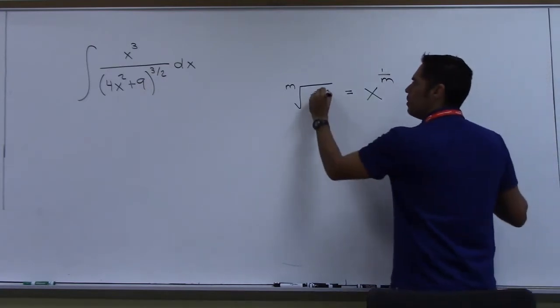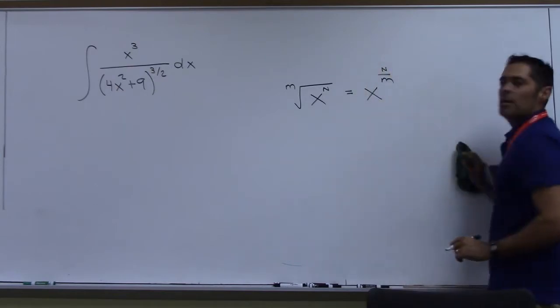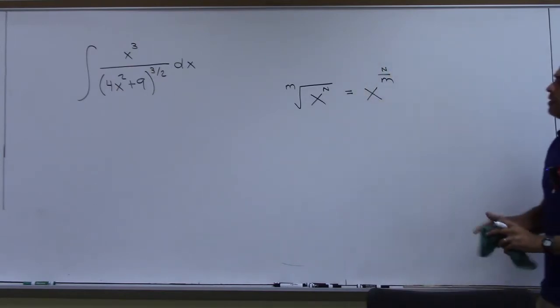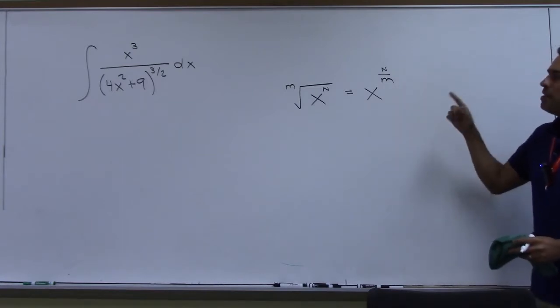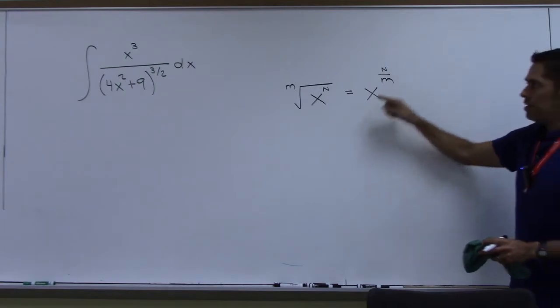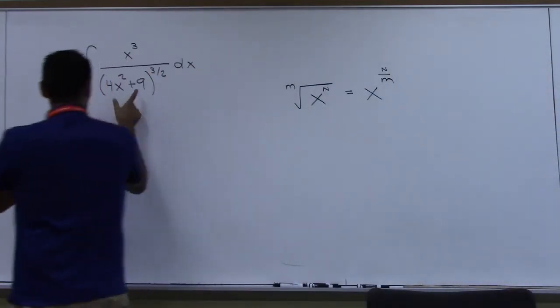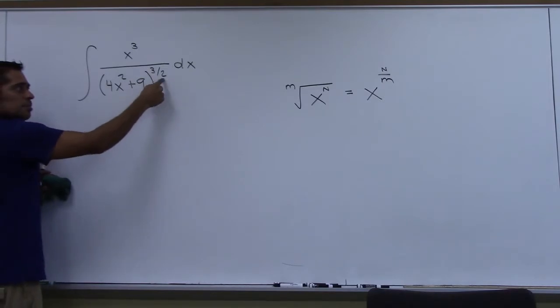And if you put a power on the x, you put that power in the numerator. So whenever you have something raised to a fractional power, it really means a power and then a root. So this is the same as raising this to what power? Third, and then taking the square root.